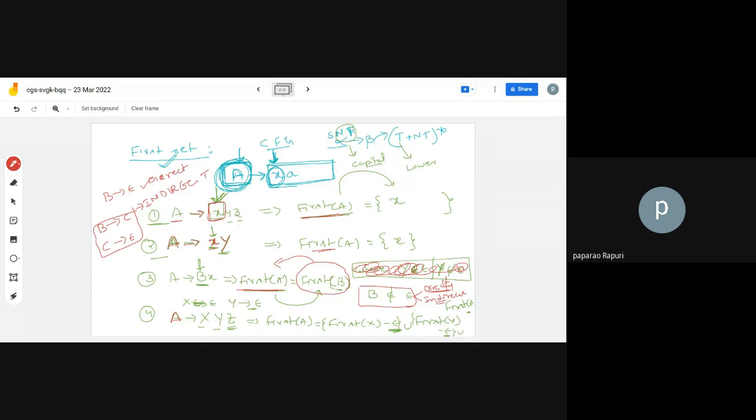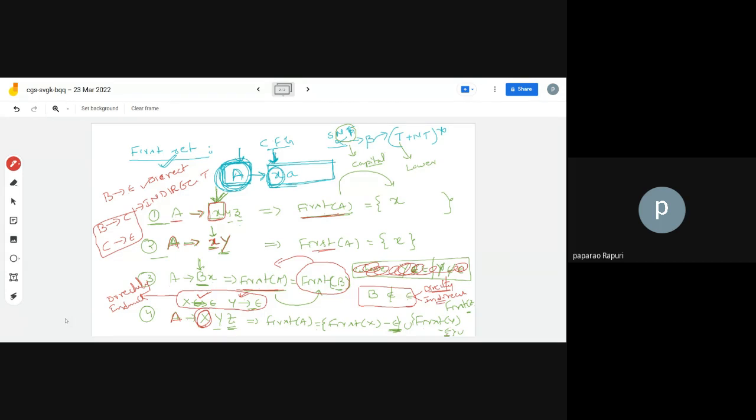For that, we write first of A equals first of x minus epsilon, union first of y minus epsilon, because here x and y are producing epsilon directly or indirectly.